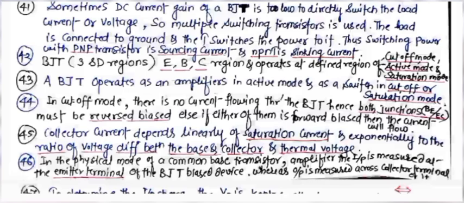In a common base transistor amplifier, the input is measured at the emitter terminal of the BJT biased device, whereas the output is measured across the collector terminal of it.